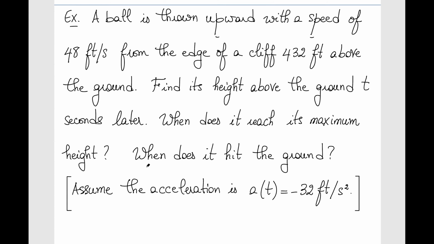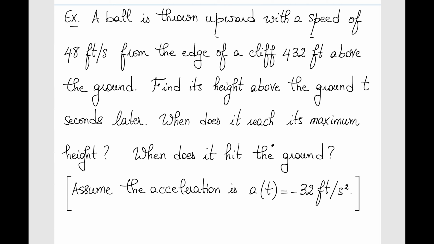So how are we going to start this? Well, an object near the surface of the Earth is subject to something called gravitational force. It's a force based on gravity, and that's going to produce a downward acceleration. It's the only force on a free object close to the surface of the Earth.